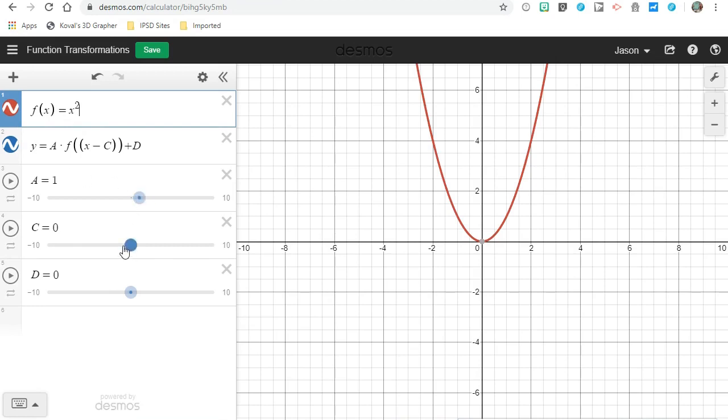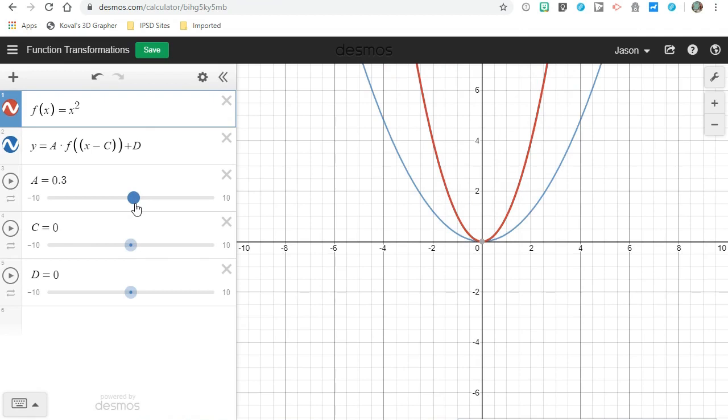If I take a look at A, so A is multiplying my function. If I make A bigger, my function gets more narrow. And if I make A smaller than 1, my function gets wider.